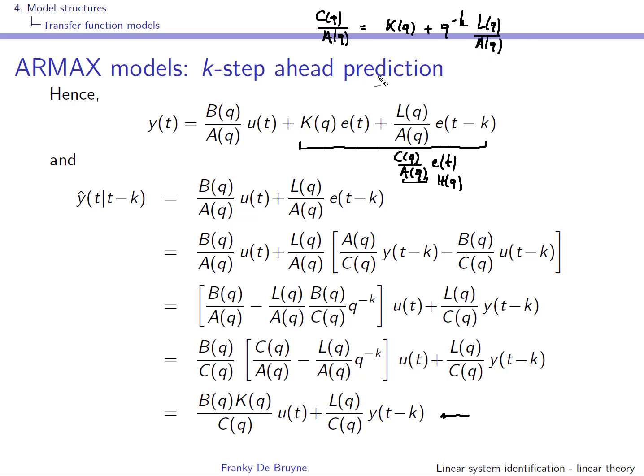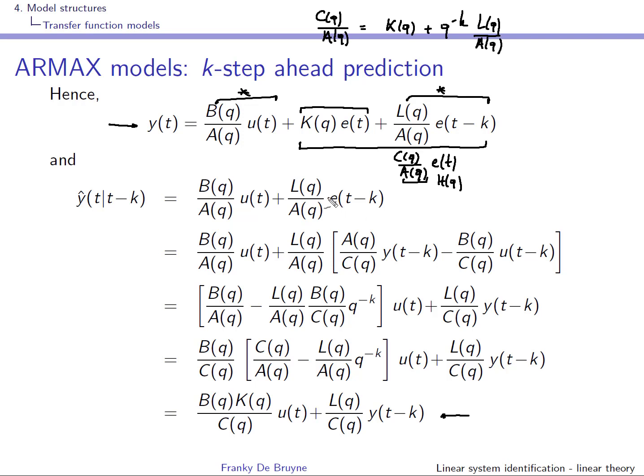And this was this Diophantine equation, right? So this is how we obtain an equivalent description of the system. This is the part that is not available at time t minus k, so our best approximation of that part is 0. So this is why the k step ahead prediction is only this part here and this part over here, right?